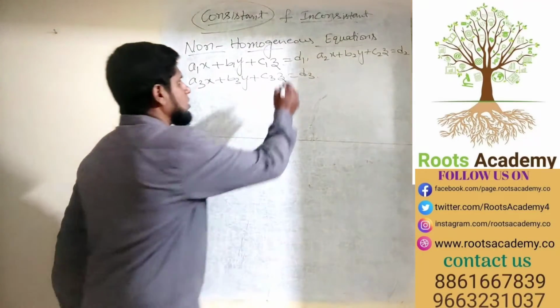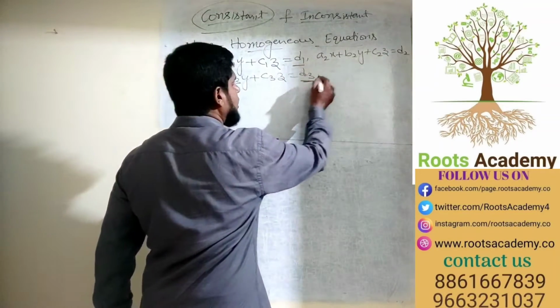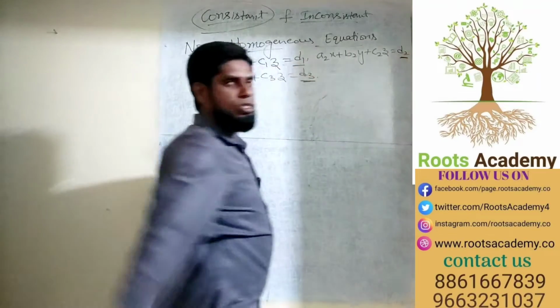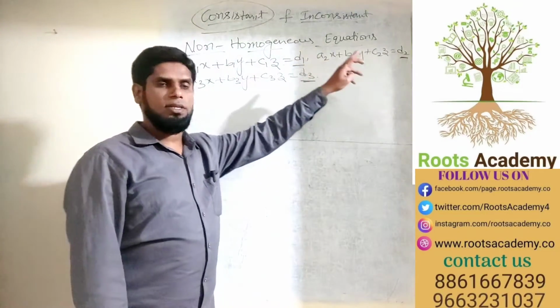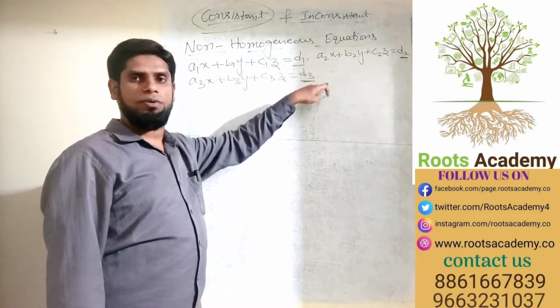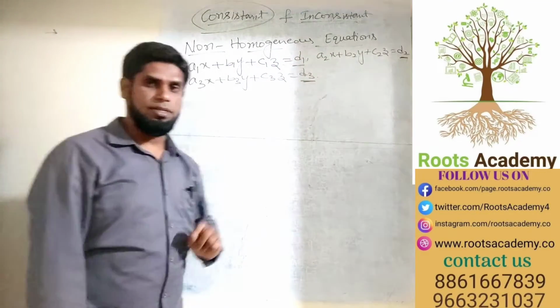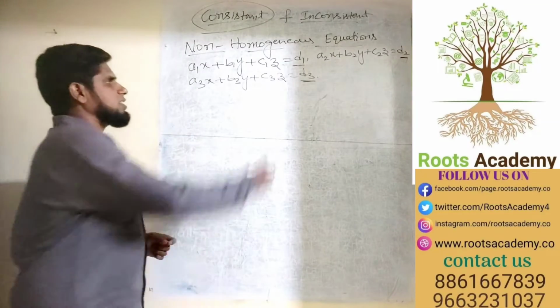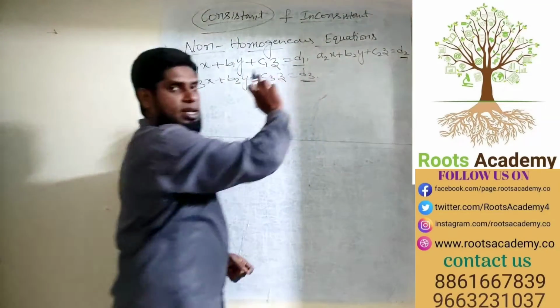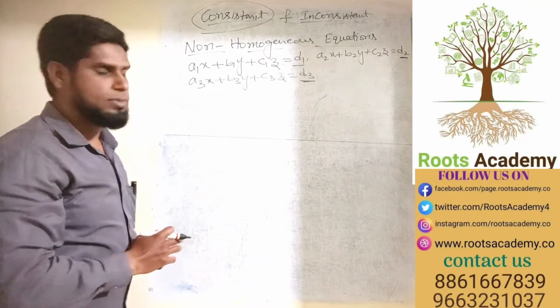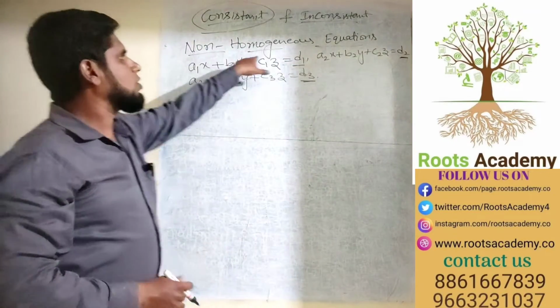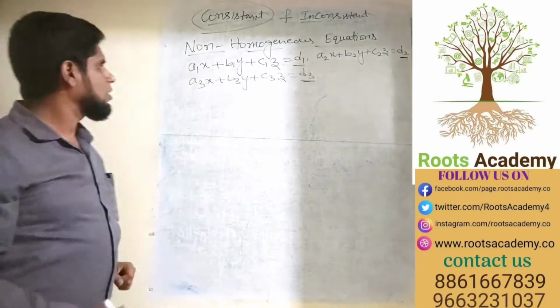The reason is the constants towards my right hand side are not equal to 0. They are d1, d2 and d3, which are real numbers. If they are equal to 0, then I will declare those as homogeneous equations. But first we will discuss non-homogeneous equations.